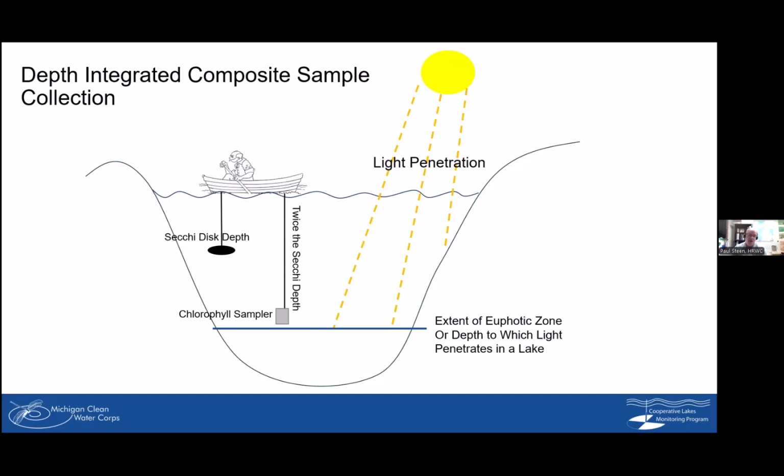So we need to drop our chlorophyll sampler to twice the Secchi depth. We slowly pull this sampler up so that it slowly fills with water. That's why we don't just stick our sampler in and grab the top. We just have this tiny little tube that lets the water in, so as you pull it up, it slowly takes water from all those different depths.